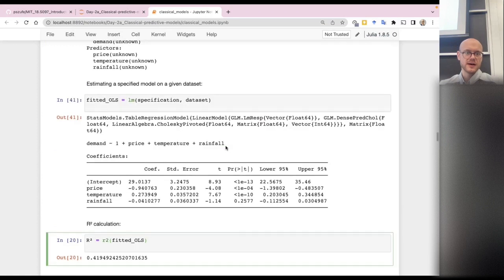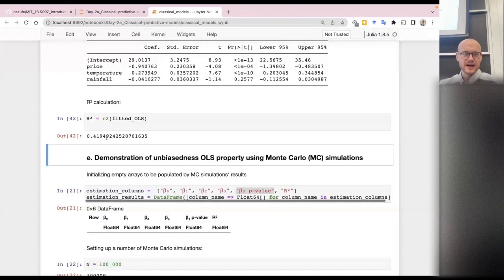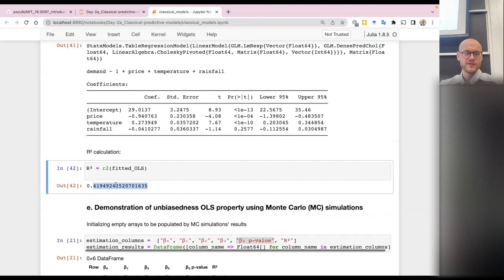Also, you can calculate in Julia R-square, which is here 0.41. It's a normalized metric from 0 to 1, so 0.41 is in the middle, yeah. And the interpretation is that 41% of the demand variance is explained by the variance of our predictors. So we are able to explain using this model nearly 42% of the variance of the demand. And variance is what we want to explain.